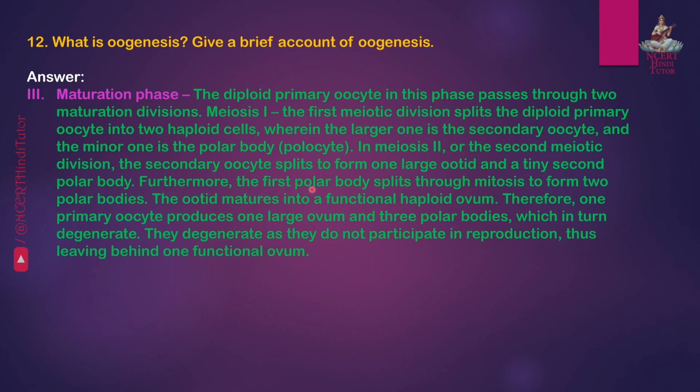Furthermore, the first polar body splits through mitosis to form two polar bodies. The ootid matures into a functional haploid ovum. Therefore, one primary oocyte produces one large ovum and three polar bodies, which in turn degenerate. They degenerate as they do not participate in reproduction, thus leaving behind one functional ovum.